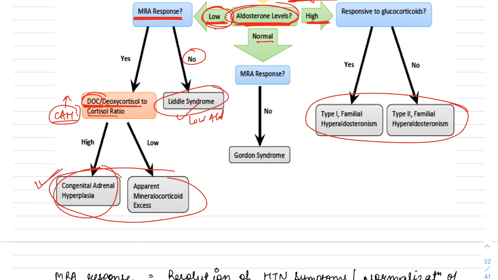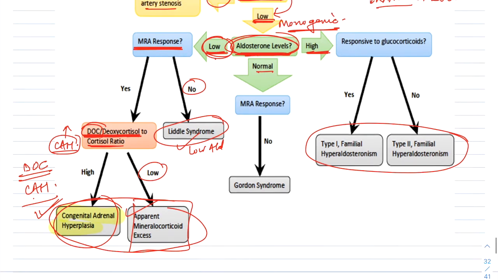If the ratio, that is the deoxycorticosterone to cortisol ratio, is low, we can say it is apparent mineralocorticoid excess. Remember, deoxycorticosterone is only increased in CAH. Okay, so if it is increased, then it is congenital adrenal hyperplasia, and if it is not increased, then it is the apparent mineralocorticoid excess.